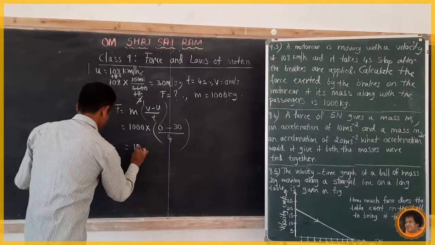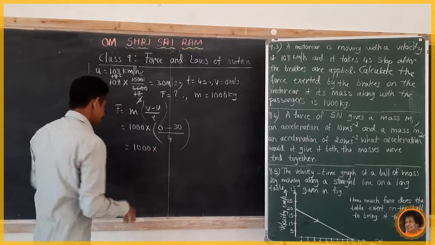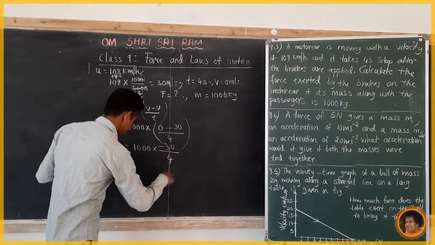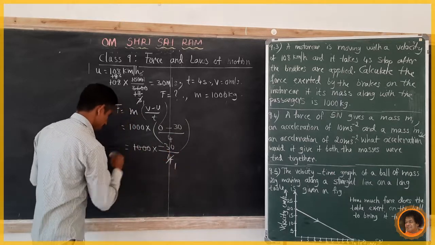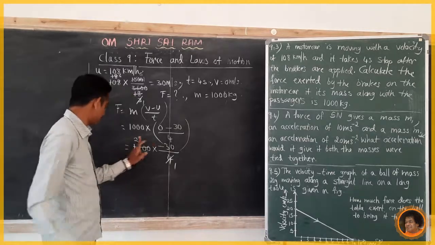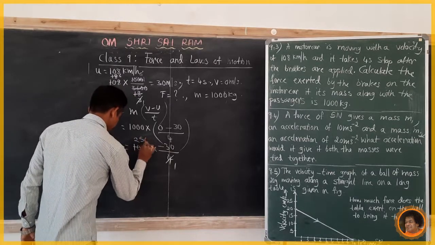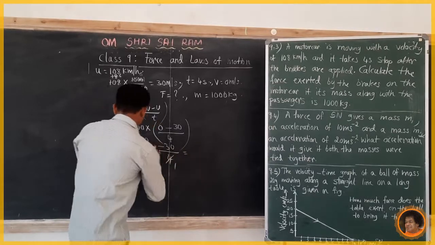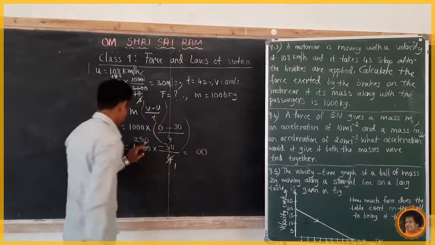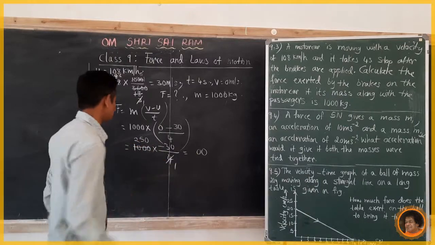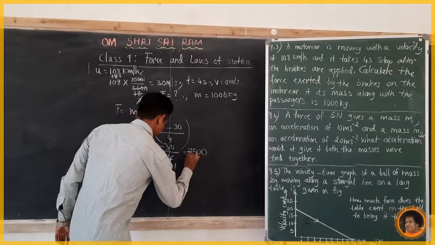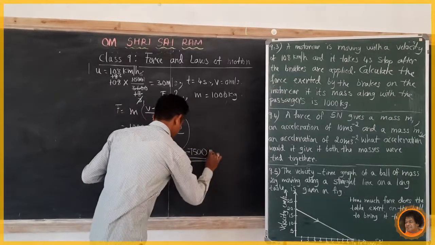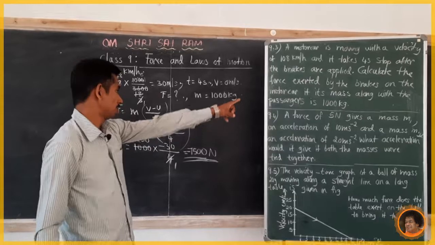Now 1000 into (0 minus 30), that is minus 30, divided by 4. 1000 divided by 4 is 250. 250 into minus 30 gives minus 7500 Newton.